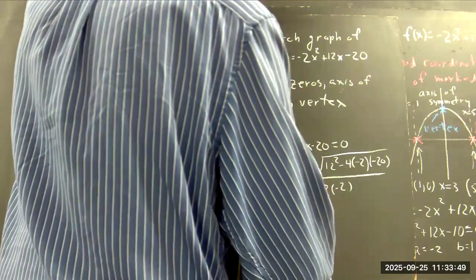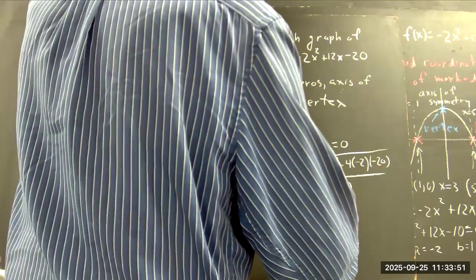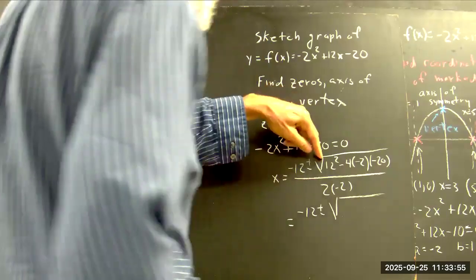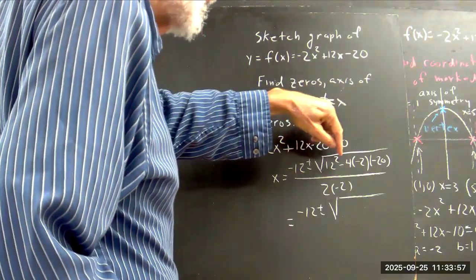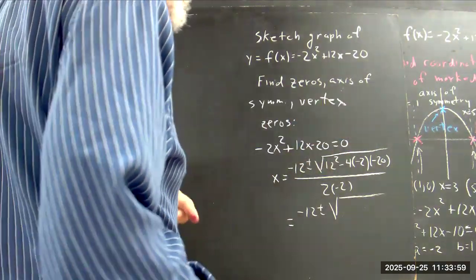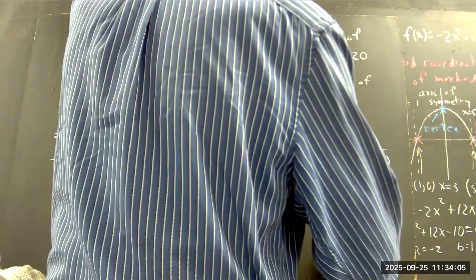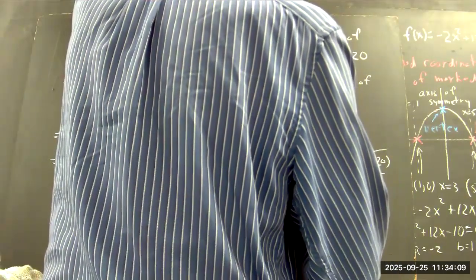So there it is. It's negative 12 plus or minus the square root of, well, that's 144, and this is minus 160. So that turns out to be negative 16.